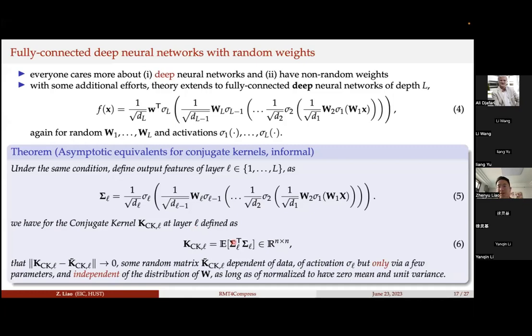And the conclusion basically remains the same. This conjugate kernel K is, in a spectral norm sense, close to another kernel matrix, K tilde, okay? And this K tilde depends, of course, on the data and also on the activation function, but again, in a very simple way, only depending on a few parameters.